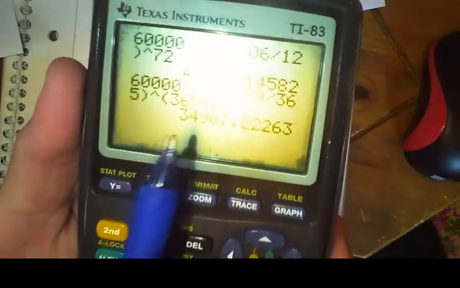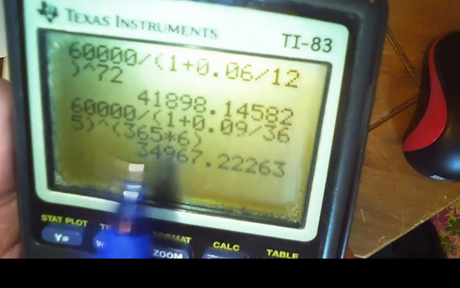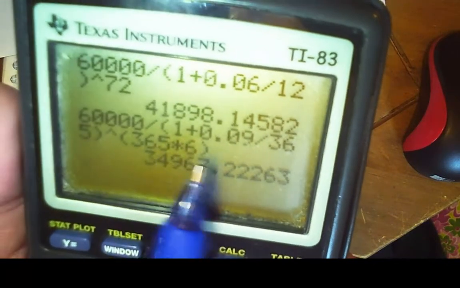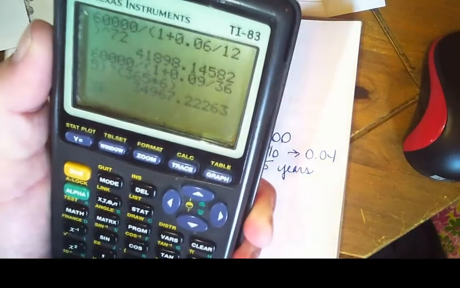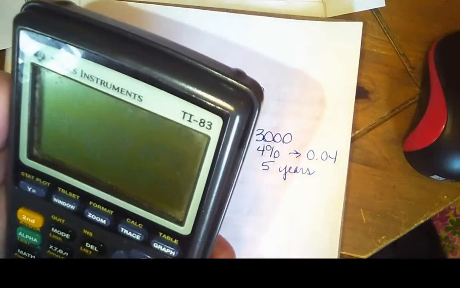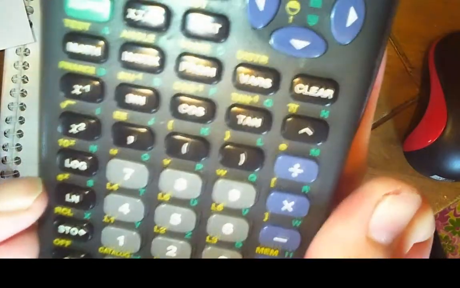So that's what I did on the last one. I said I was going to show it to you and I forgot. So I had 60,000 divided by this mess and then raised to the, your exponent needs to be in parentheses. So this one is going to be 3,000 times e. So your e button, you have two of them actually.